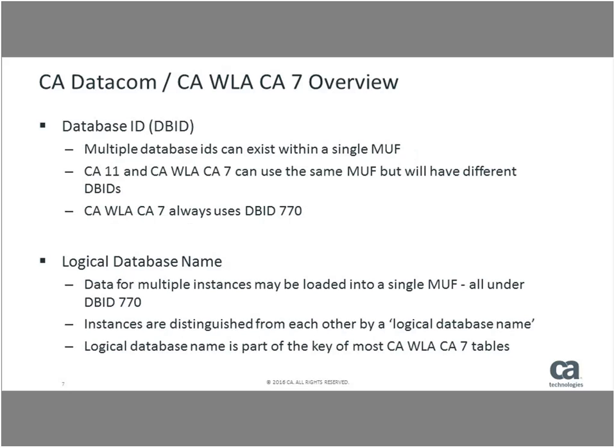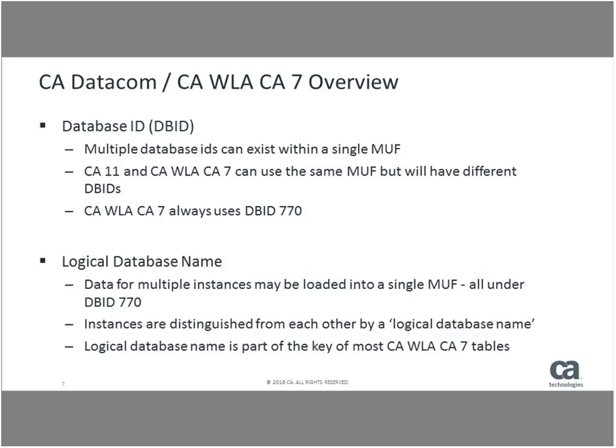The database ID that resides in that MUF, CA7 uses database ID 770. And within that MUF, you can have your CA11 running in there.